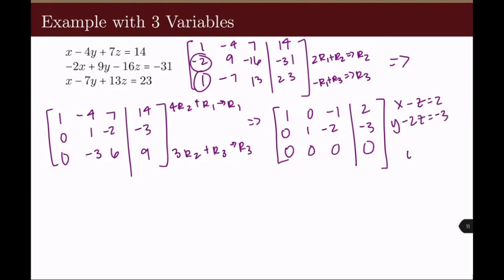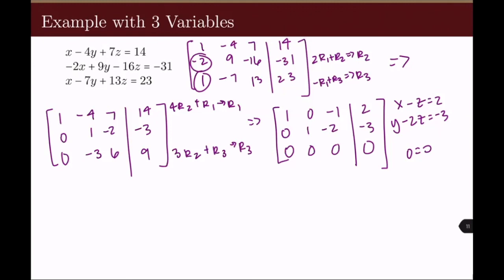And then we have 0 equals 0, which just means nothing. So essentially you want to express both of these in terms of z, because z is going to be what we call a free variable, since we have this 0 equals 0. So z can be anything it wants to be. X and y are the ones that have restrictions.